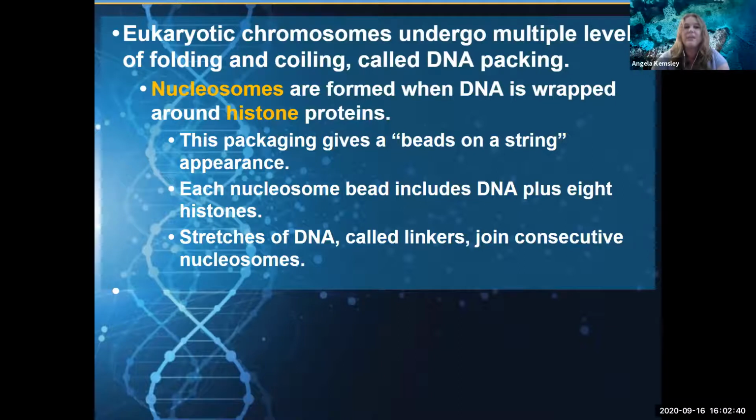In DNA packing, nucleosomes are formed when DNA is wrapped around histone proteins. This gives the appearance of what we call beads on a string. It looks kind of like a necklace. Each nucleosome bead includes DNA and 8 histones, and stretches of DNA, which we call linkers, join consecutive nucleosomes.